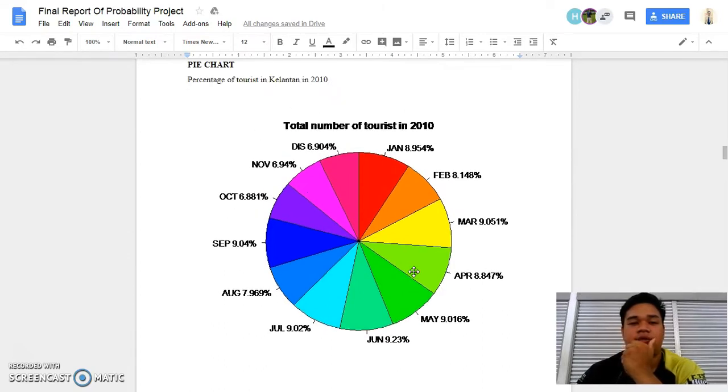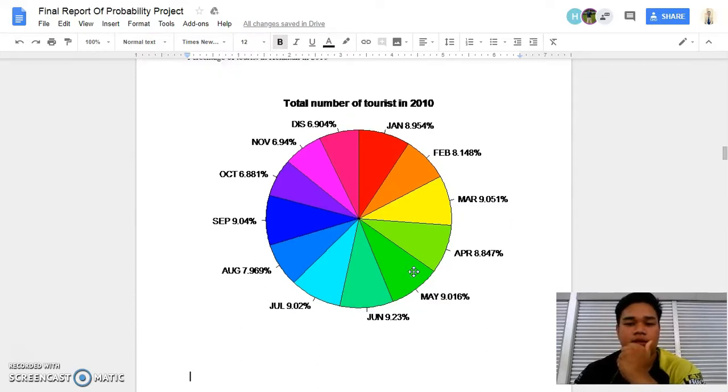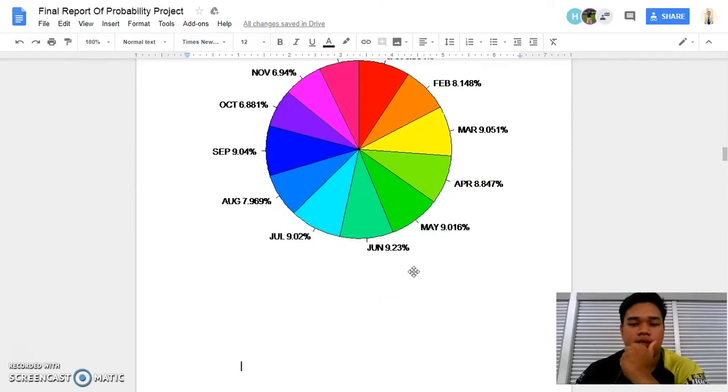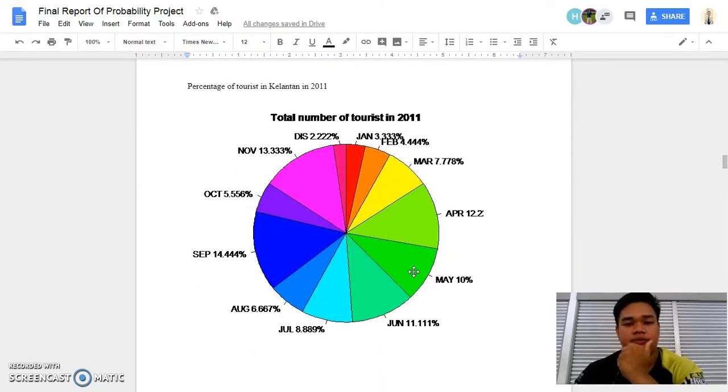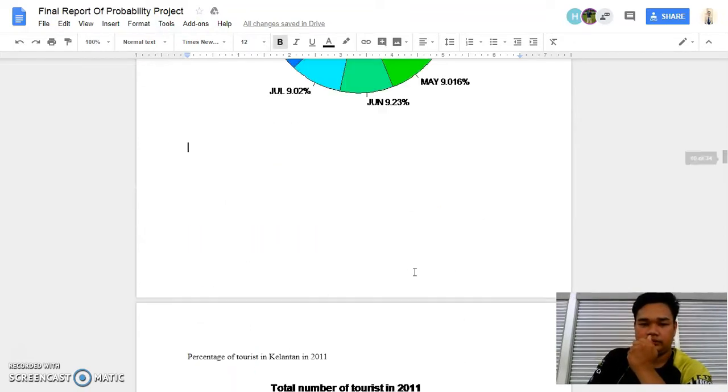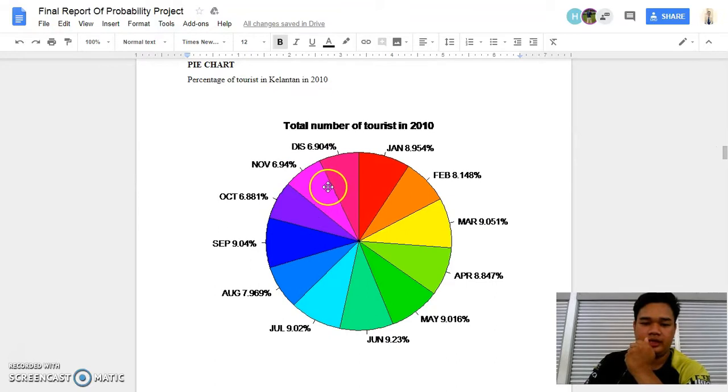And this one is our pie chart. The pie chart contains the percentage of tourists who visited Kelantan in 2010 and in 2011. From here you can see the percentage in 2010 is quite uniform for all months.